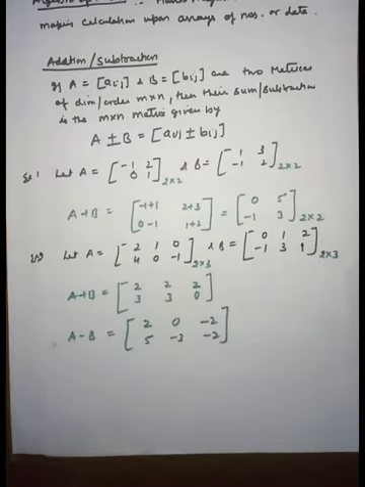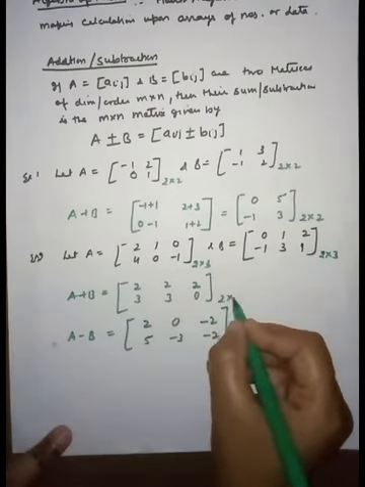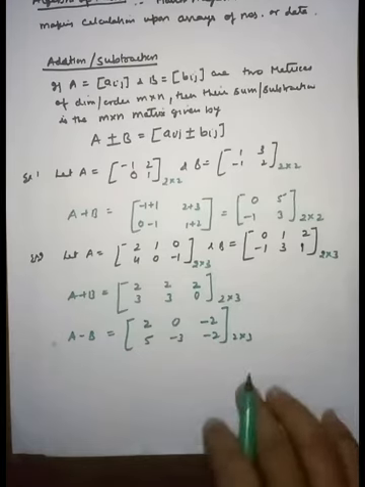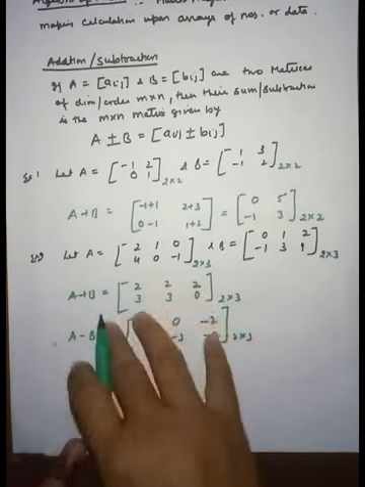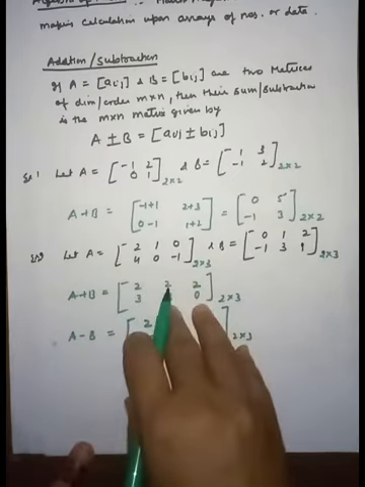So this value comes, and both matrices have the same order as the given matrix. So you understand how to apply the addition and subtraction of two matrices.